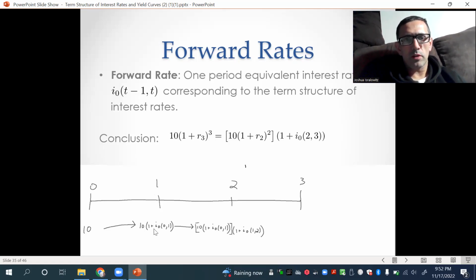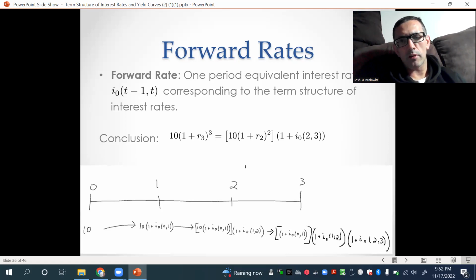So this amount grows to this here: multiply $10 by these two corresponding growth factors, and multiply this by (1 plus i_{0,2,3}). i_{0,2,3} is the corresponding interest rate for this 1-year period from 2 to 3. And sorry, I forgot a 10 here. There should be a 10 here. It's 10 times this whole thing. It just couldn't fit, but there should be a 10 right here.